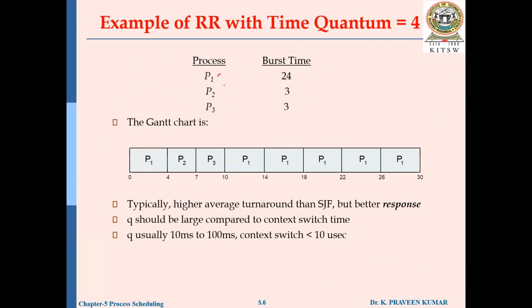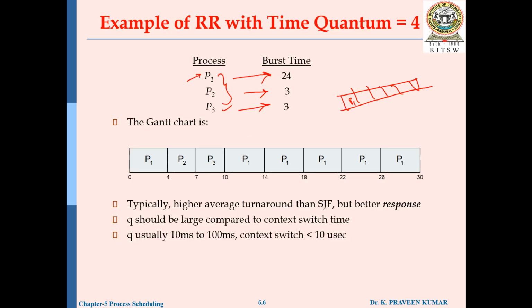Three processes are given to us: process 1, process 2, and process 3. Process 1 burst time is 24, process 2 burst time is 3, and process 3 burst time is 3. According to the round robin scheduling algorithm, whatever process is first in the ready queue will be taken first.